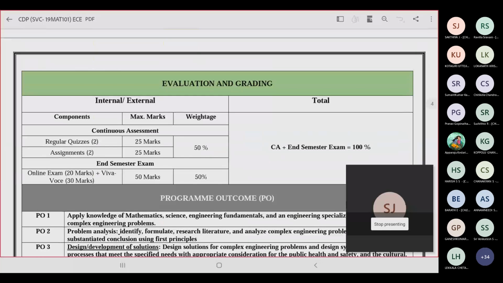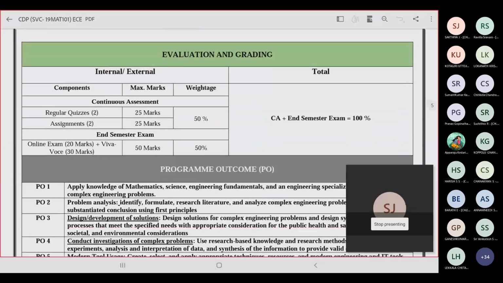There are two components, external and internal, and the internal and external components of your evaluation are divided 50-50%. So 50% internal and 50% external.